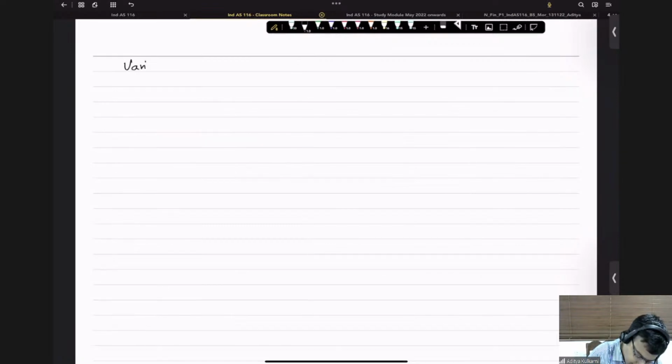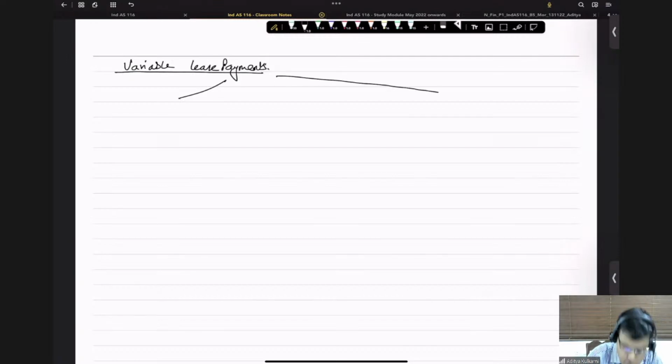Now Srishti, I will address your question in this part. Variable lease payments. What do we mean by variable lease payments? Sir, variable lease payments means payments which are not fixed. Not fixed means they are going to change from time to time. So the question arises, sir, can you give us an example of a variable payment?